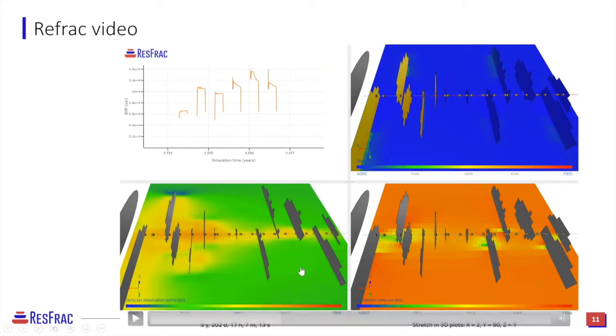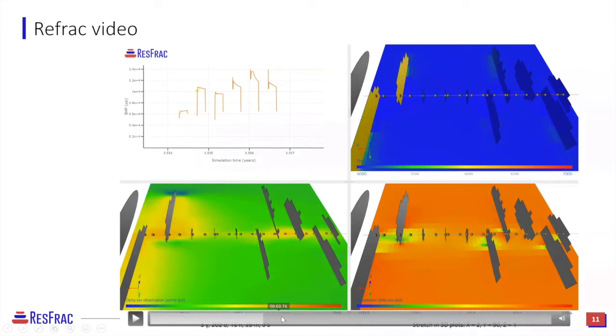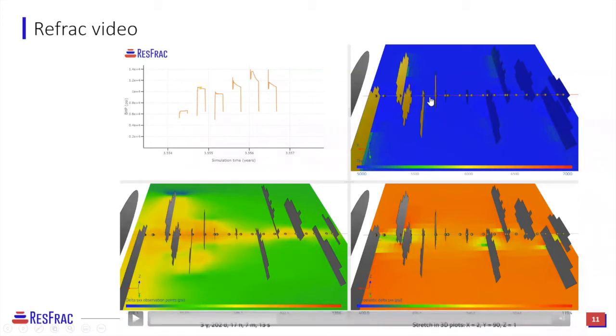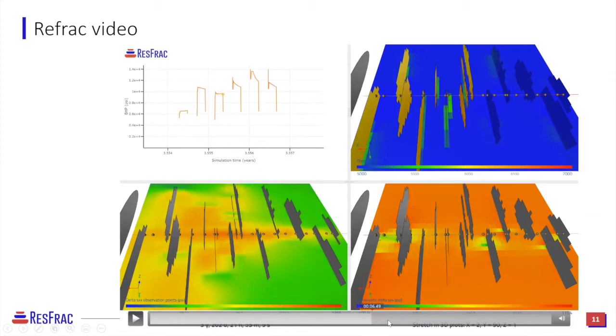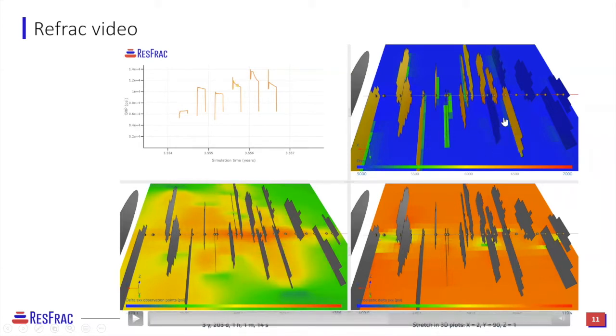Then in the next stage, we actually do see a couple new fractures form, but the existing fracture also repressurizes and starts to grow. We'll see the same thing in the third stage. Then we can contrast that to the fourth refrac stage, where now I can see that my existing fracture does not repressurize, and I am only injecting into my new perforations.